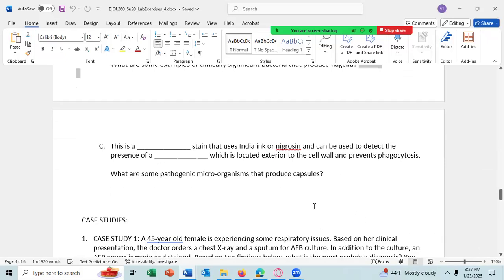5C, this is a stain which uses India ink or nigrosin and can be used to detect the presence of a cell structure. So list the stain in 5C1 and then list the structure stained in 5C2. And this structure is located exterior to the cell wall and prevents phagocytosis.